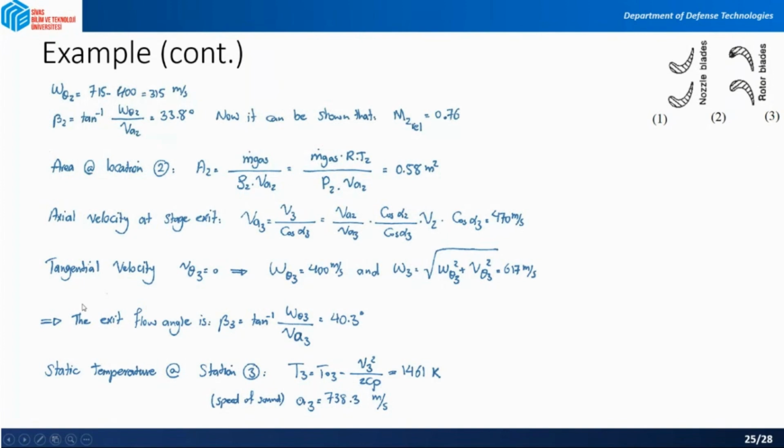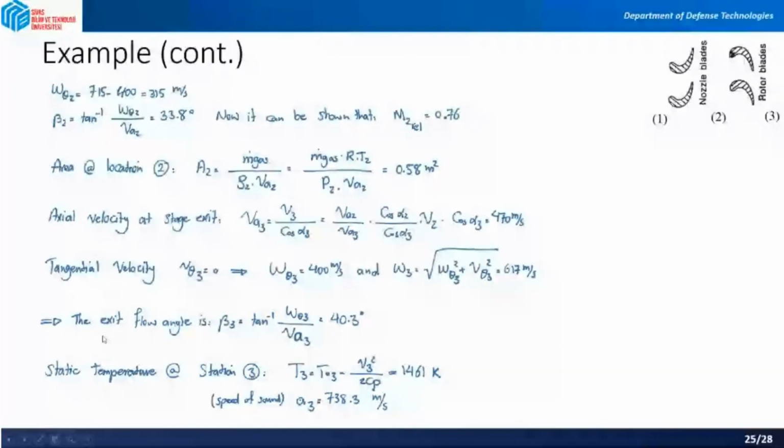So here you can calculate the axial velocity at the stage exit, and the tangential velocity is 0 because it said that it is only axial. So you will find the W3 as well as its tangential components there.